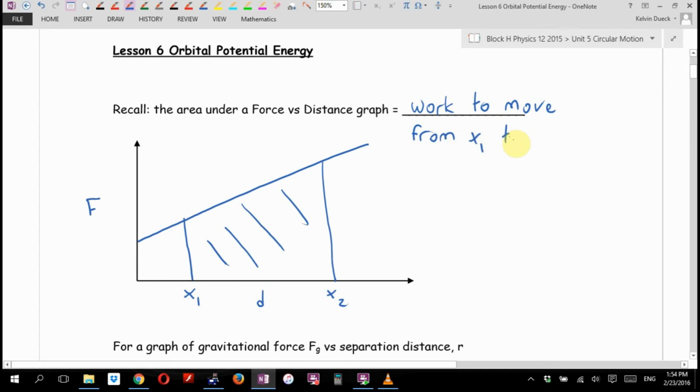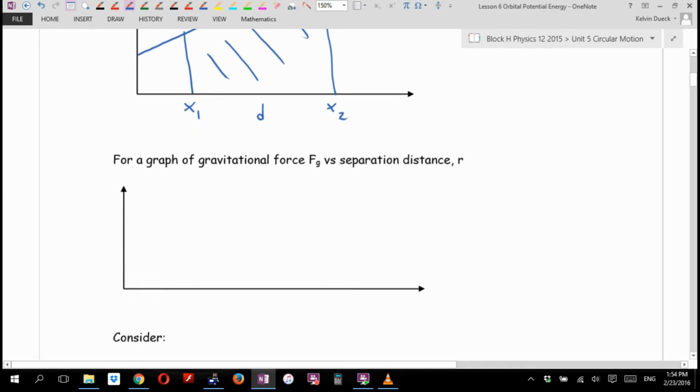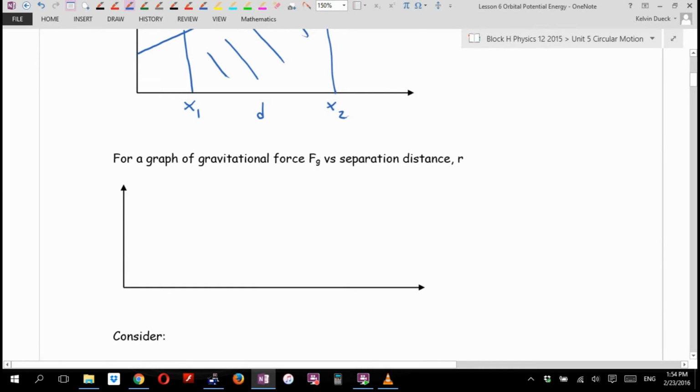from x1 to x2. Can you see now I've got a position in my analogy that might take care of the whole moving from the Earth's surface to a weaker gravitational field? Okay. For the force of gravity versus separation distance r, so now if we go cosmic, first of all, the graph looks a bit different.